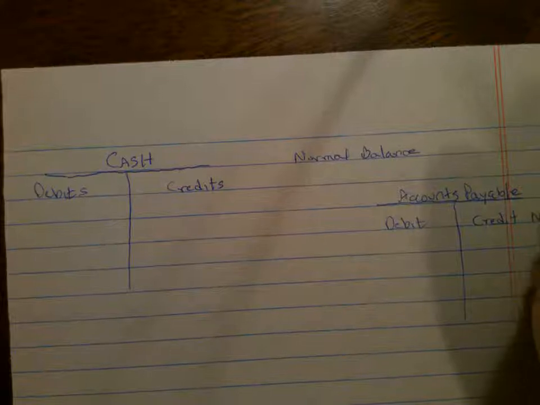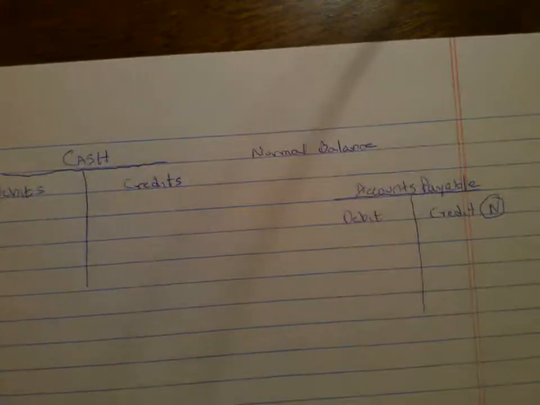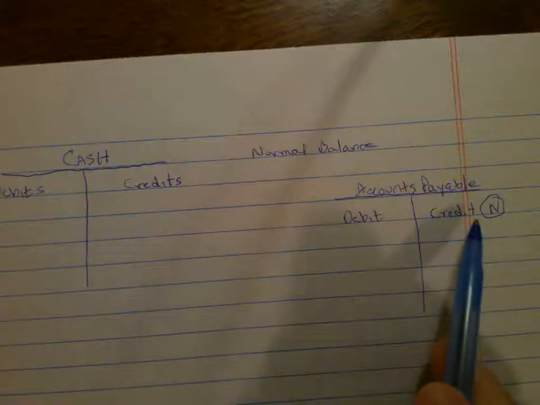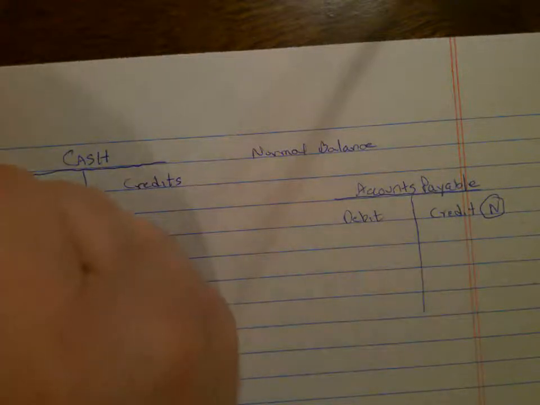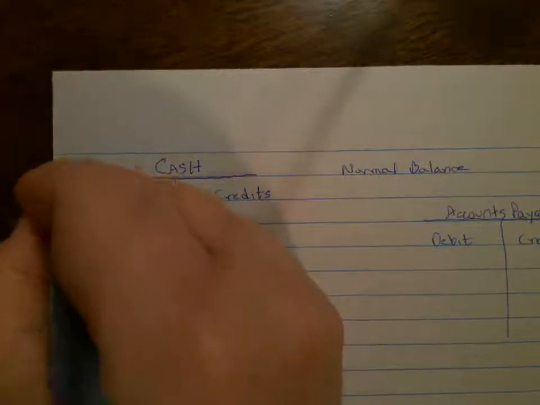So I'm going to put an N here for normal. That's the normal balance for accounts payable is credit. And over here for cash, the normal balance is a debit.